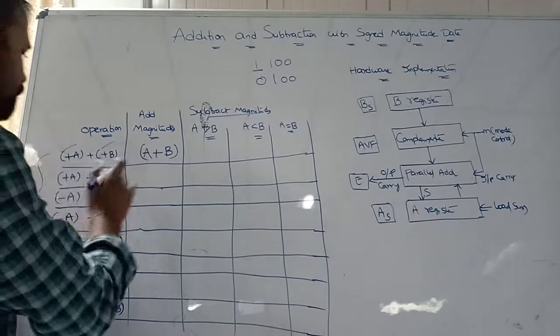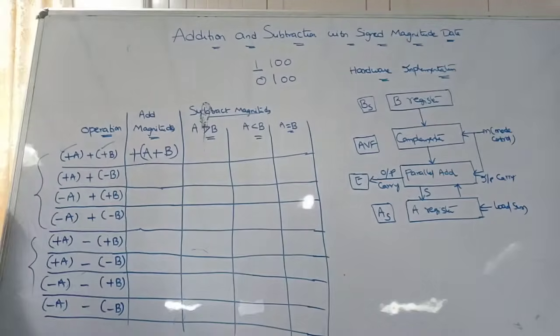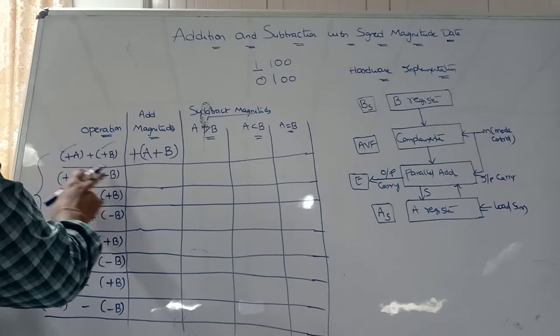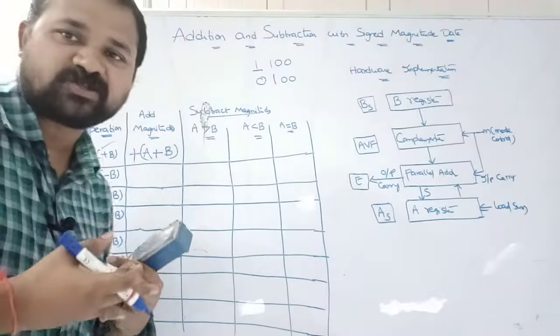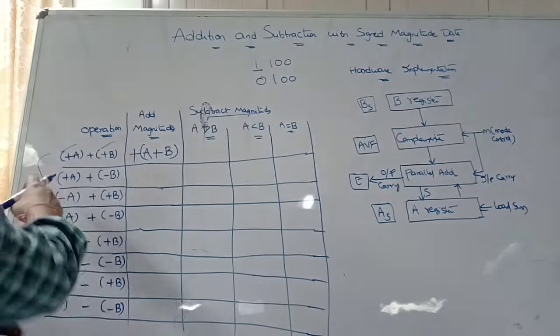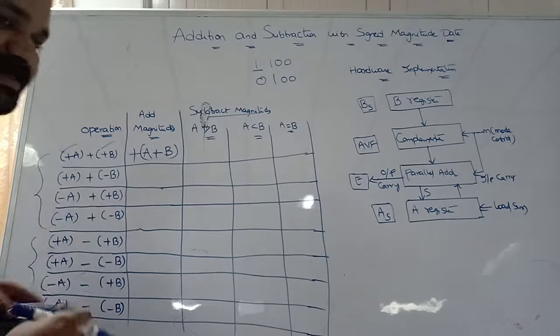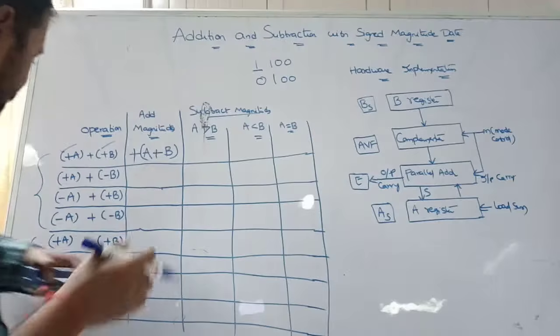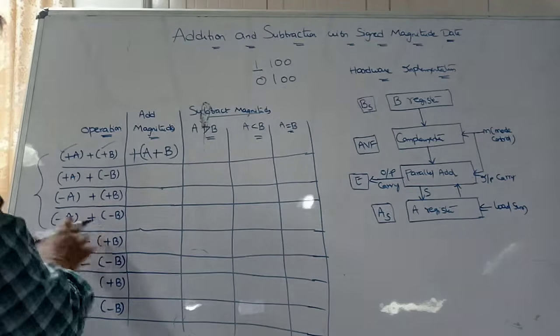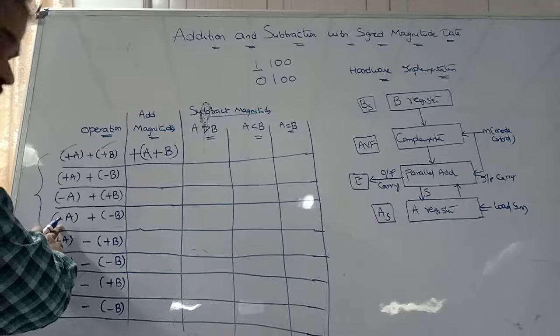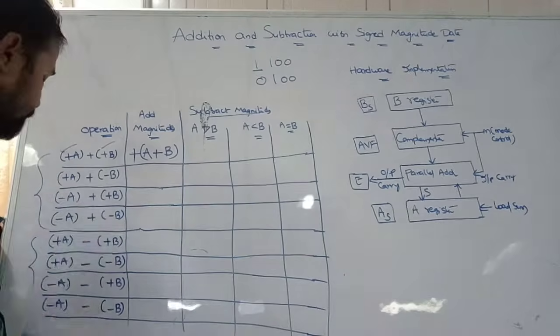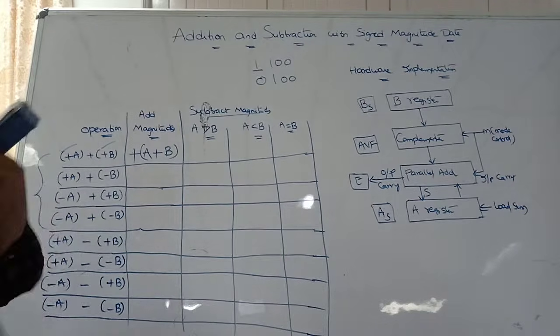What is the sign of A? Plus. Likewise, for the second one, plus is the sign of A and minus is the sign of B, so the signs are different. The third one, minus plus, has different signs too. The fourth case is also addition: the sign of A is minus, the sign of B is minus, so both the signs are the same.